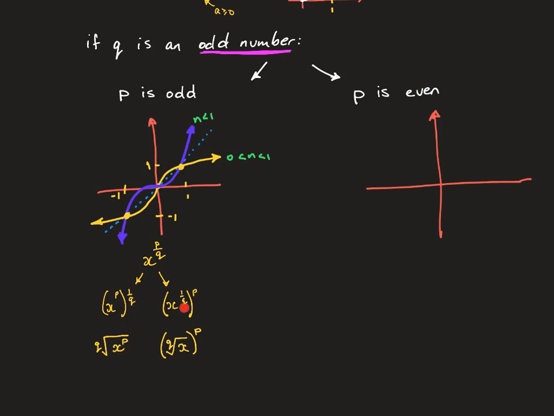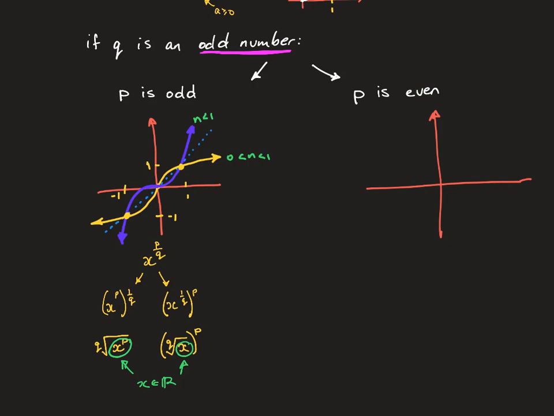And if you take the qth root first and then raise it to the power of p, no matter which way you're going, you're actually finding a qth root of x. And so your x values for an odd numbered root can be any value in R, and hence you get both positive x values and negative x values being in the domain, and it works either way.